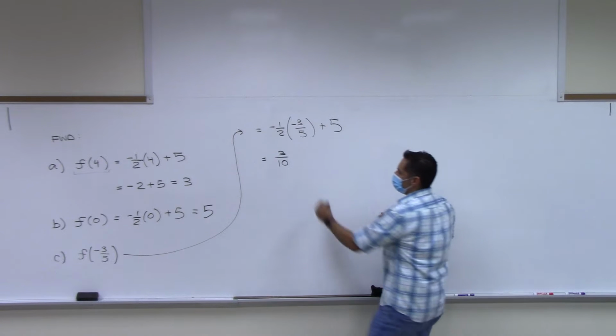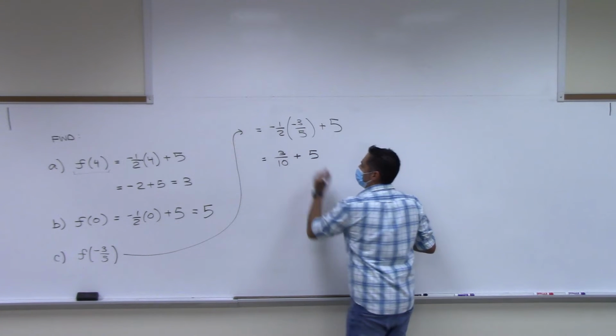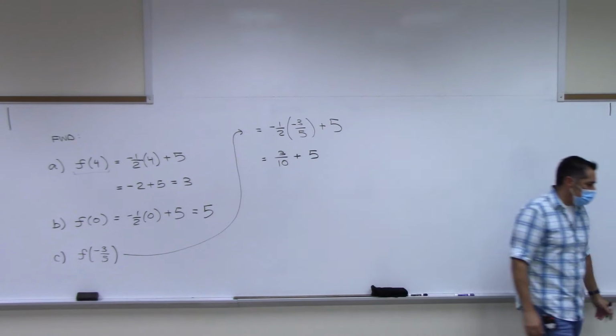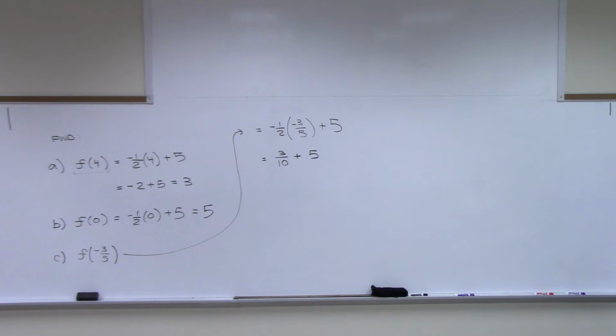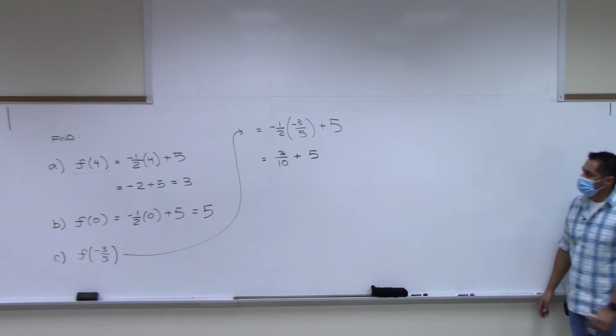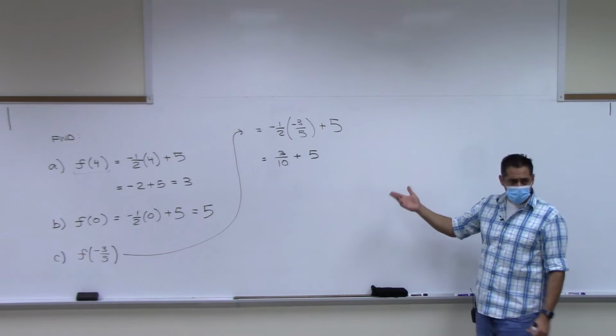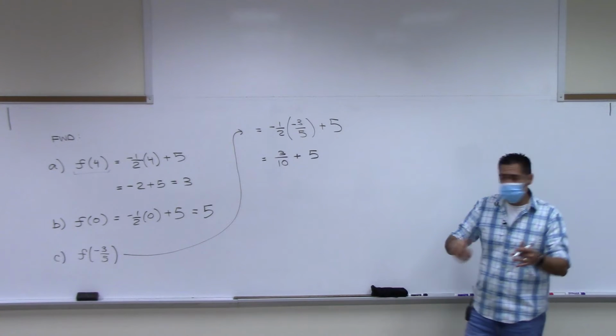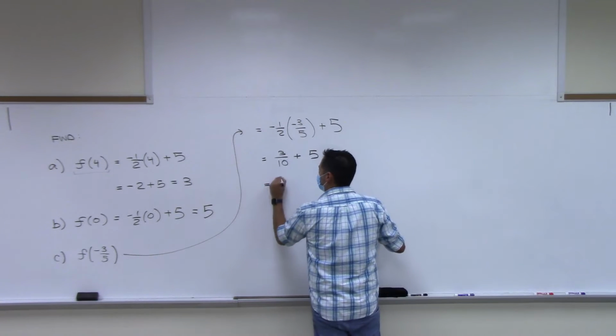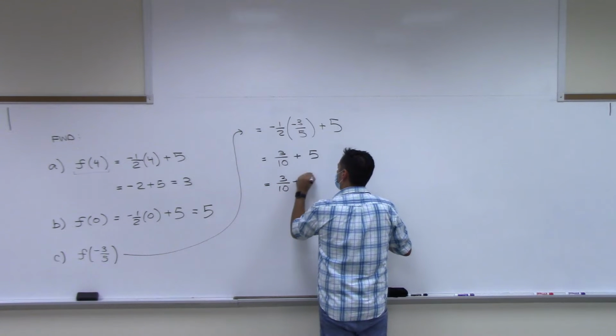All right, plus 5, right? Yes? Now, see, Ashley, are you here? Yes? Where's Ashley? Ashley, okay, how would you do that? 5/1, so you're getting a common denominator? Good. So you're going to go 3/10 plus 5/1.